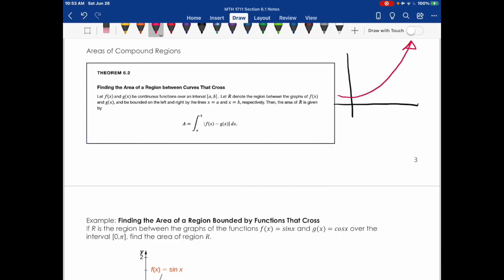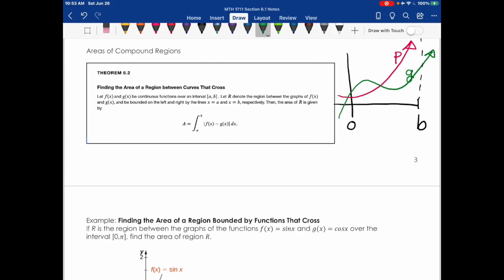So for example, if I have one function that looks like this, and then another function that looks like this, and we want to look at the entire interval from 0 to say b, I'll call the pink function p, and I'll call the green function g.